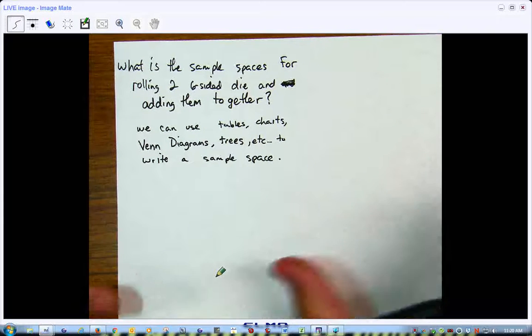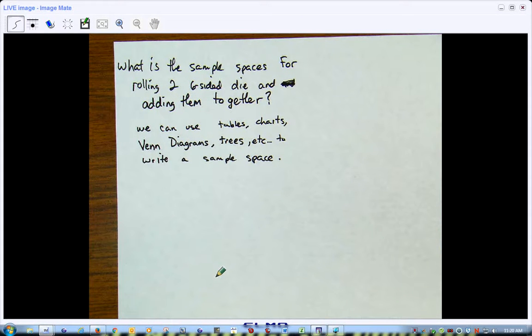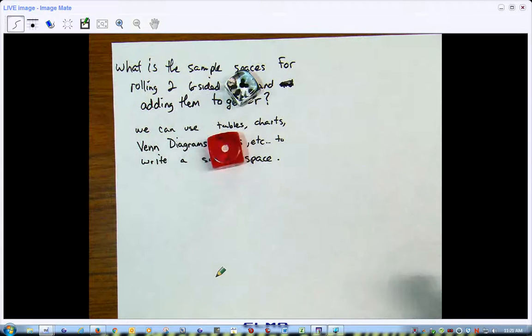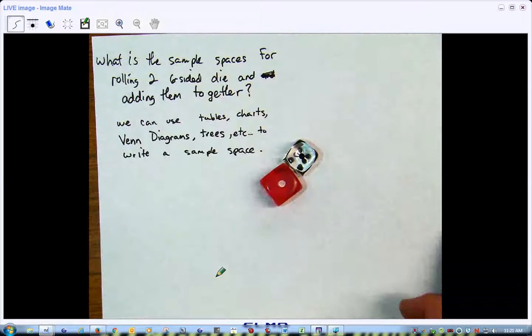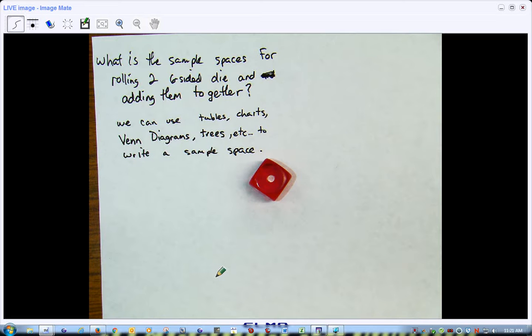Now, when you're rolling dice, and we're rolling two six-sided die, say like that.